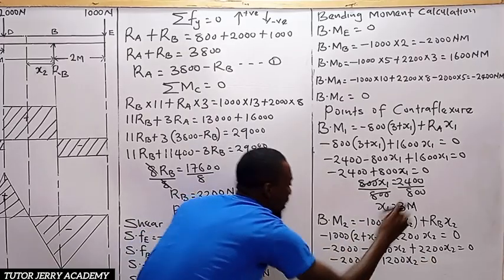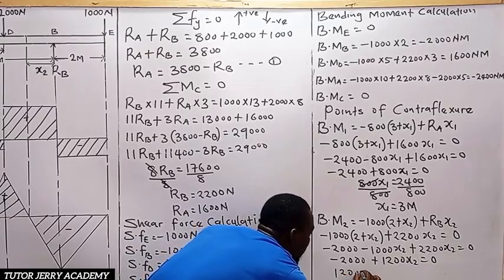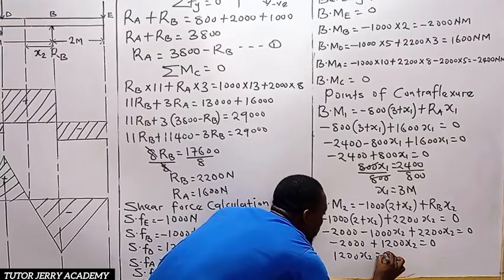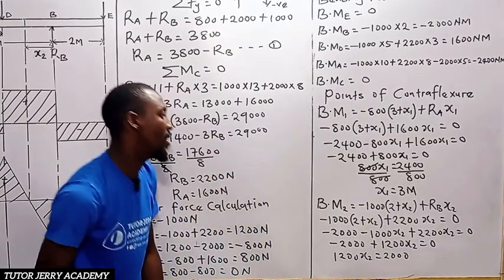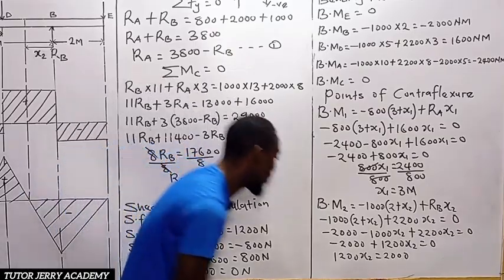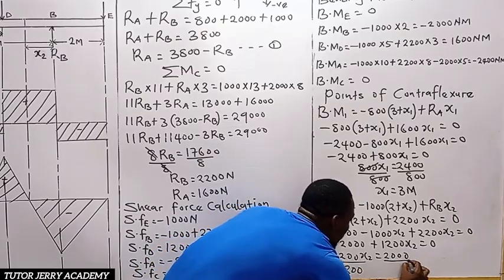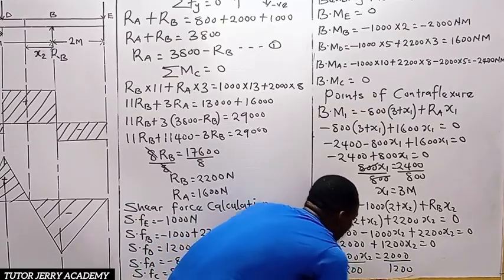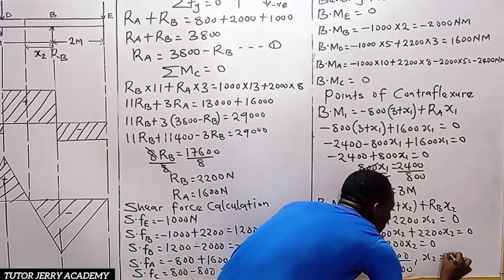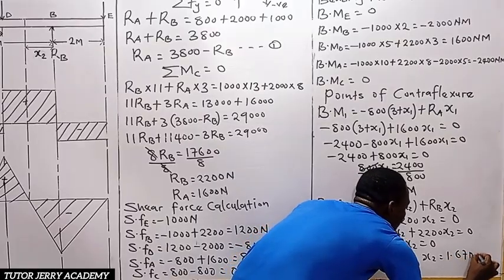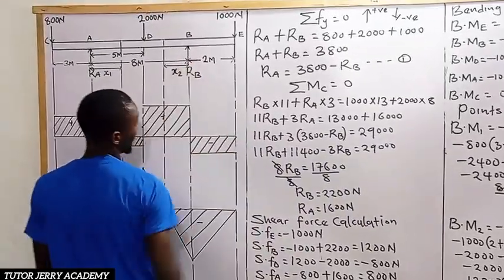If we move this to the other side, I'm going to have 1200 S2 equal to 2000. To get the value of S2, we divide both sides by 1200. So the value of S2 will be equal to 1.67 meters from point B.